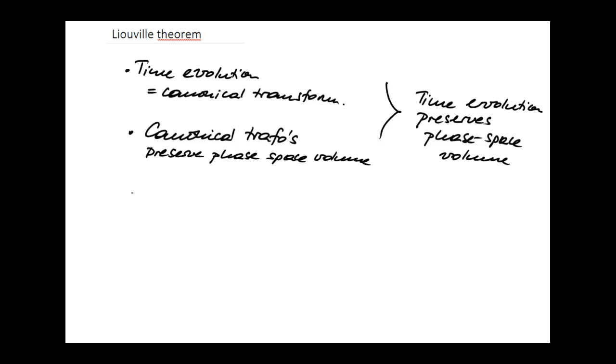So when you picture this in now just ordinary phase space, not extended phase space, you have an initial volume, and you have initial conditions somewhere all over this volume.